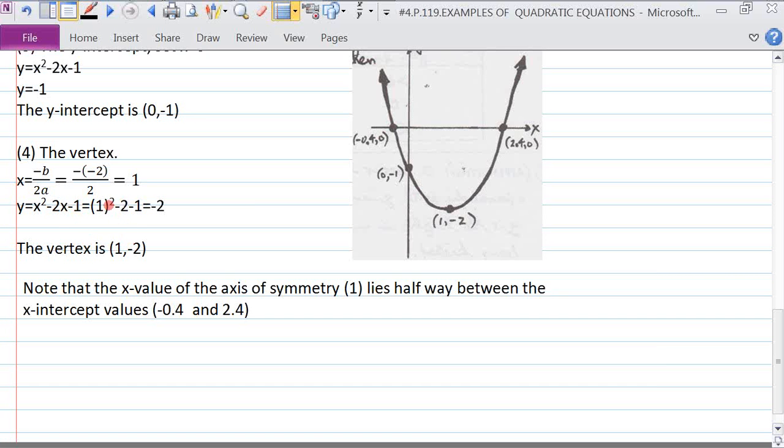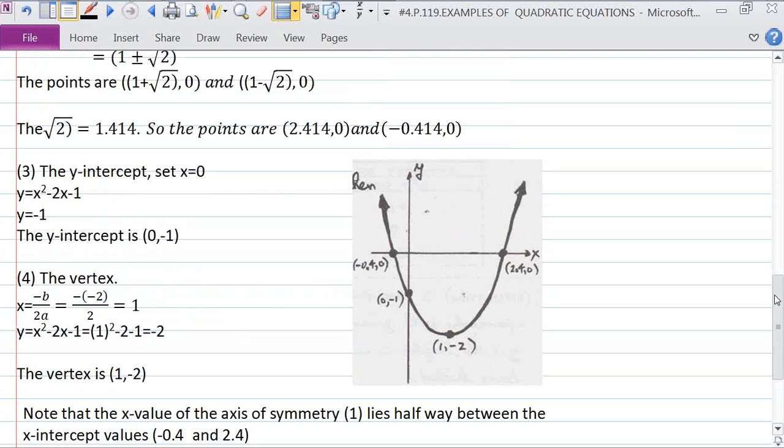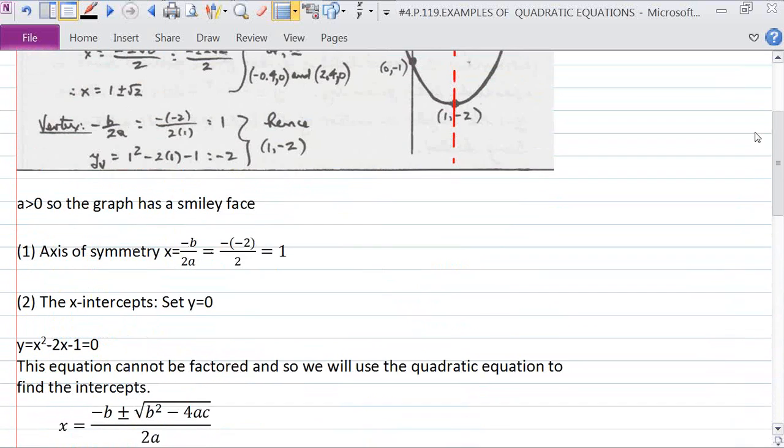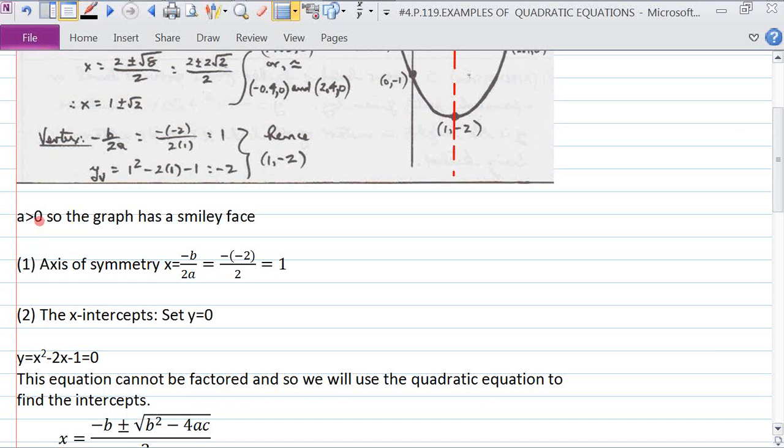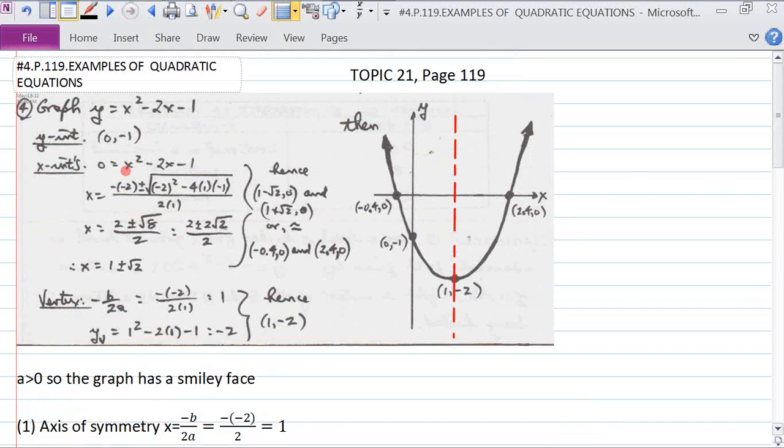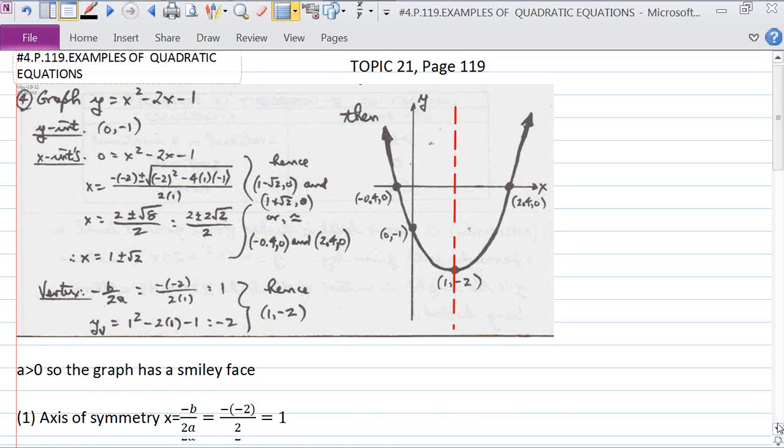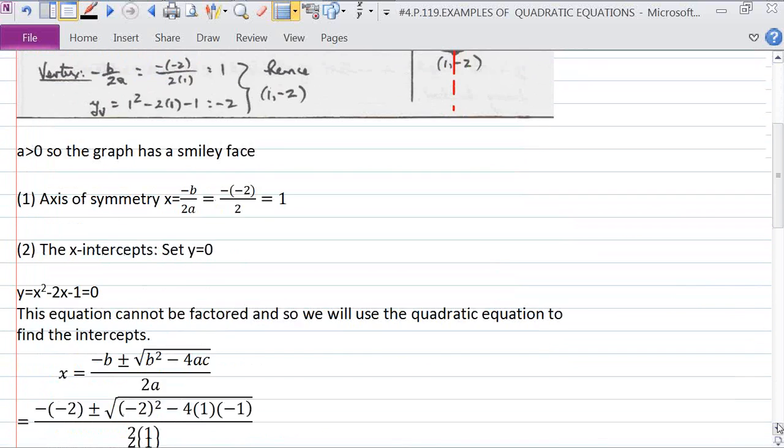So we have 1 minus 3, which is minus 2, so the vertex is 1, comma, minus 2, which is right here. And as we said before, because the coefficient of x squared is greater than 0, you can see that right over here. The coefficient is 1, and 1 is greater than 0, so the graph has a smiley face. The vertex is a minimum point.